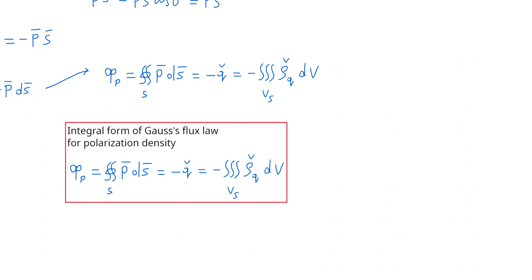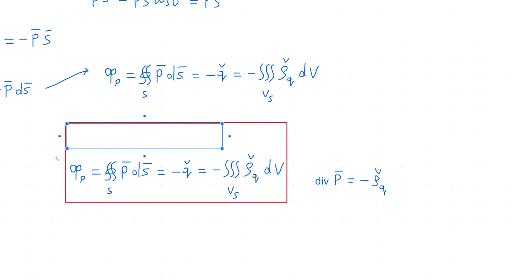And if we use this, we will get that the divergence of P is equal to minus rho q.